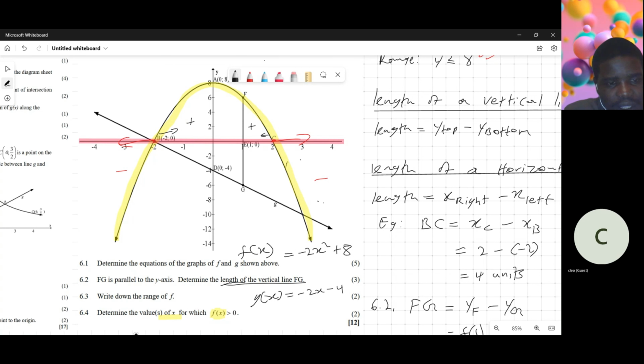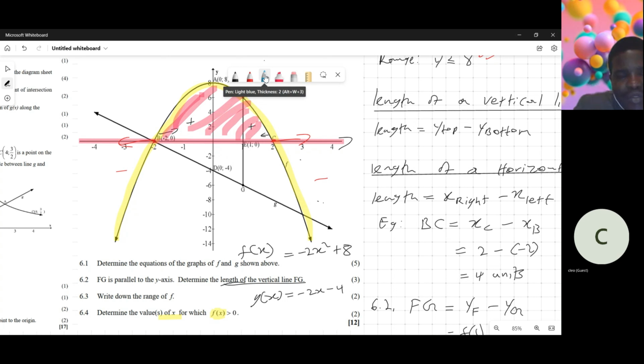So the question was saying, tell us the values of X for which F of X is positive. It's above the X-axis. We look where the graph is above the X-axis. That's what our solution is. So our solution to this problem, it's this one.